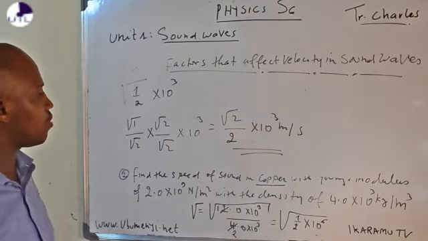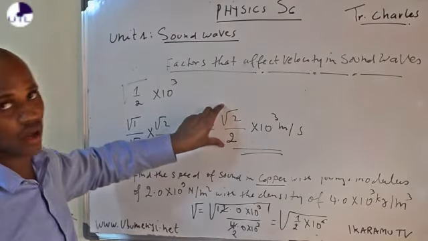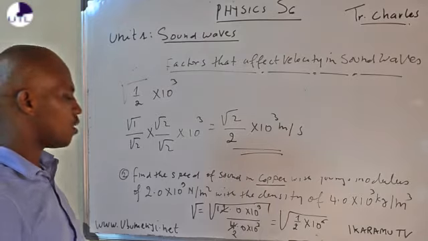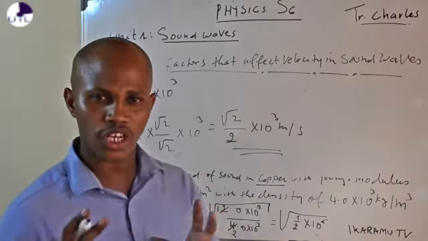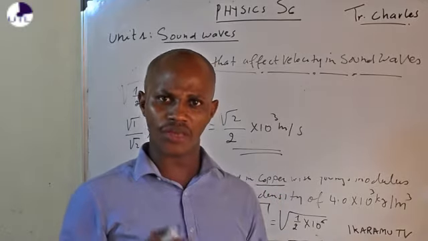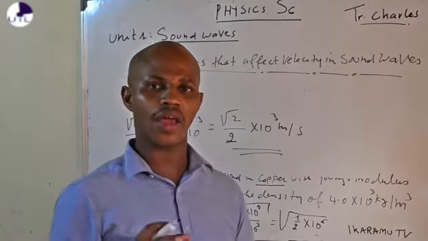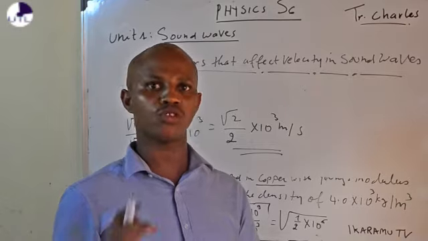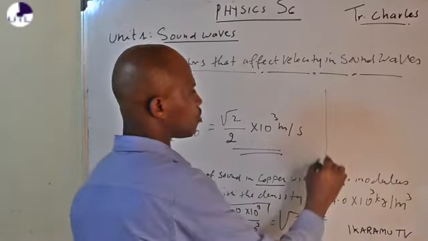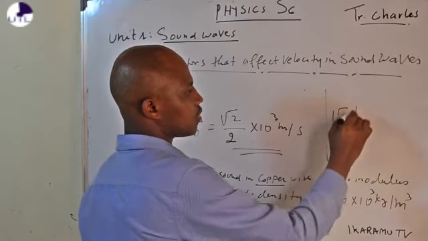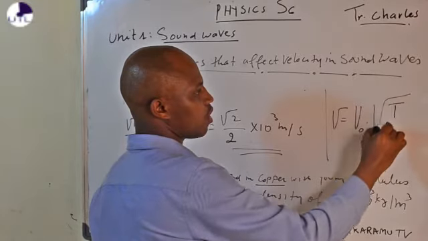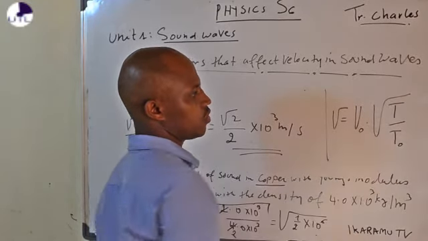If you don't have a calculator, you may express this one in terms of irrational numbers. So these are examples which are showing you how I can calculate the velocity if I have the Young's modulus, if I have the bulk modulus, but also remember there is another formula where you can calculate the speed as the initial speed times square root of final temperature over initial temperature.